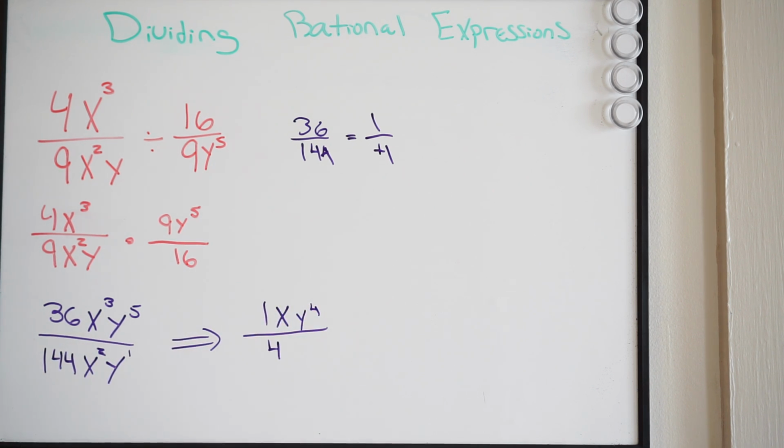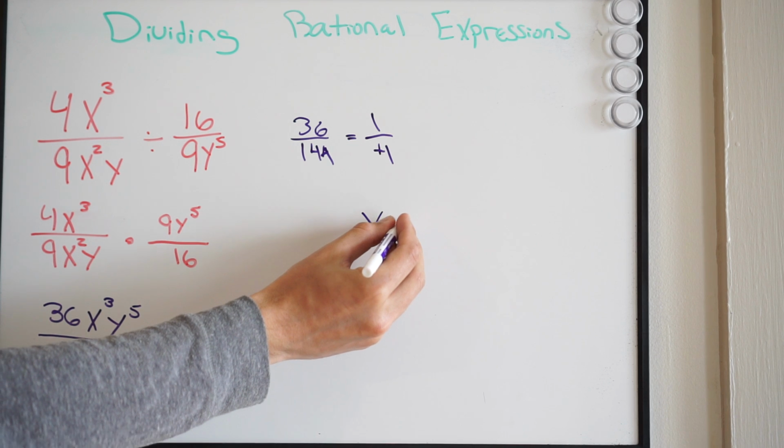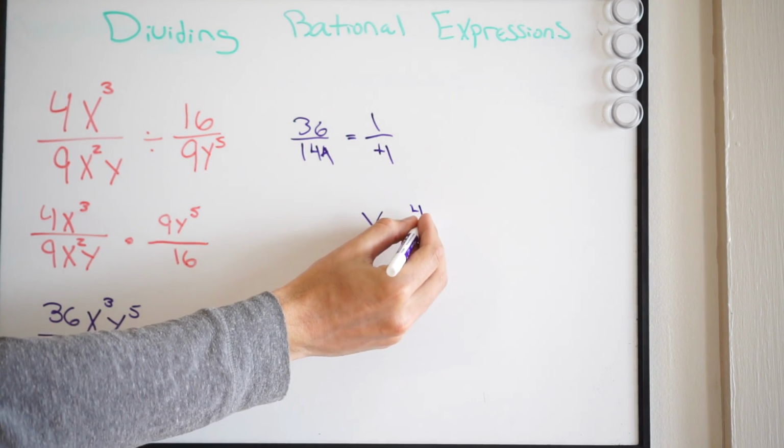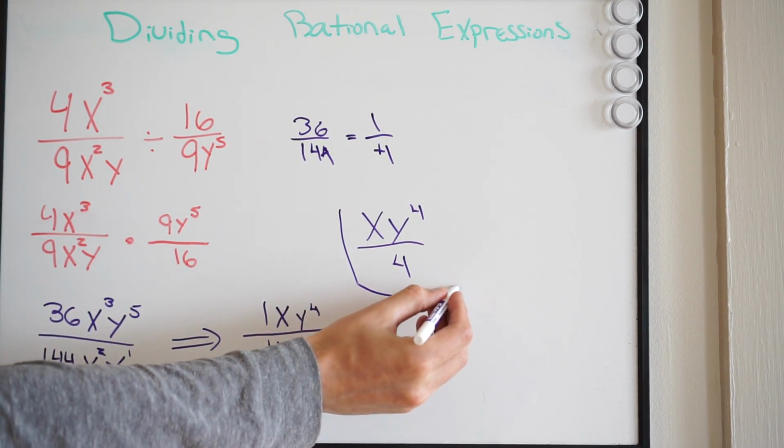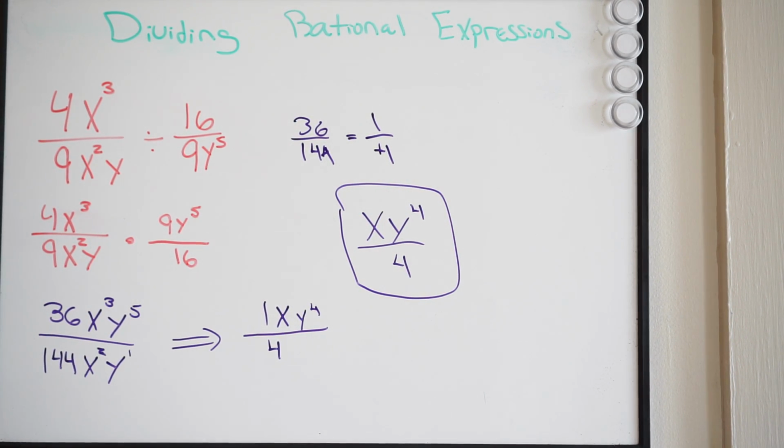Okay, and we can rewrite our final answer as x times y to the 4th power, all over 4. Alright, and that is going to be your final answer for this particular problem. Okay, and this problem is now done.